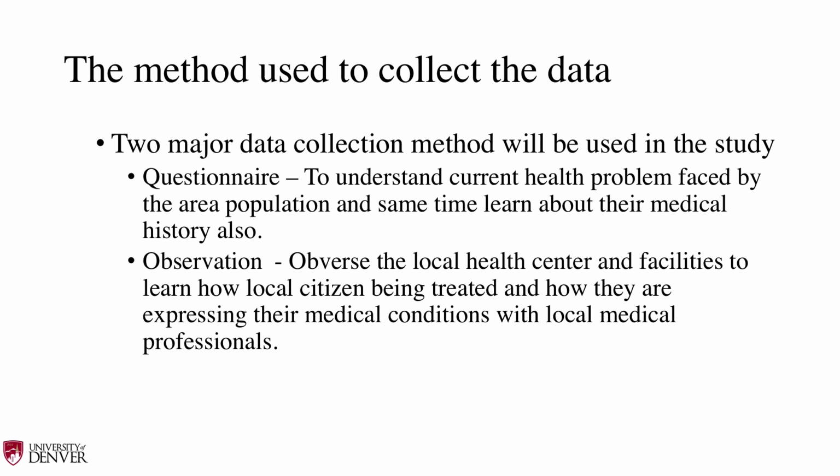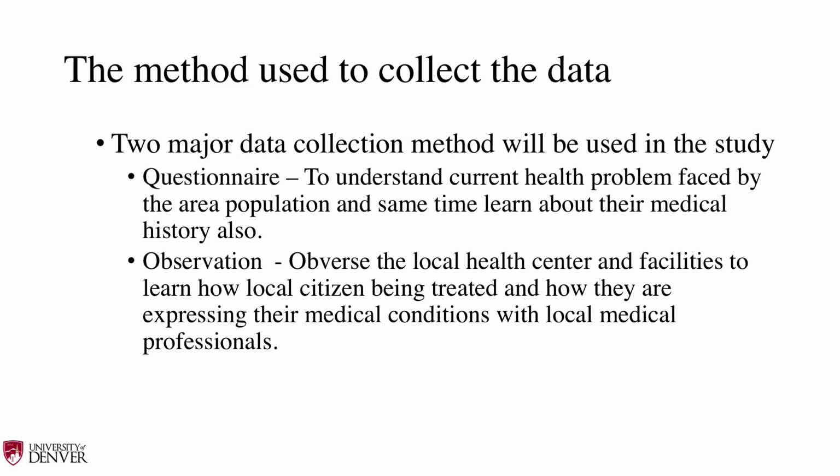For example, in this questionnaire we will try to understand whether they started seeing these health problems due to the economic boom which happened by establishing this chemical plant in the area, where the economy has improved, jobs have improved, and money started to flow in the community, and that could have changed the lifestyle.